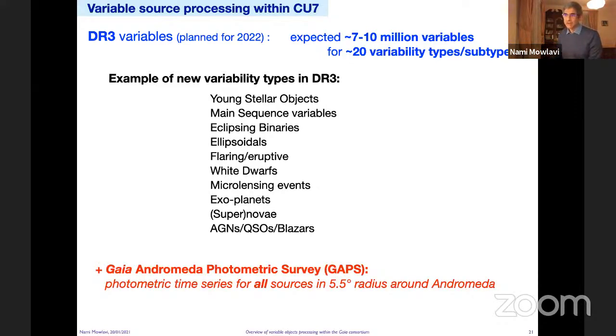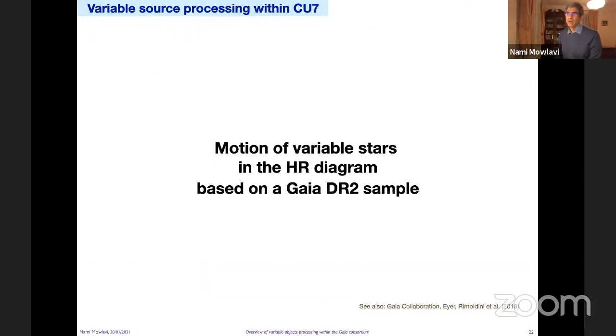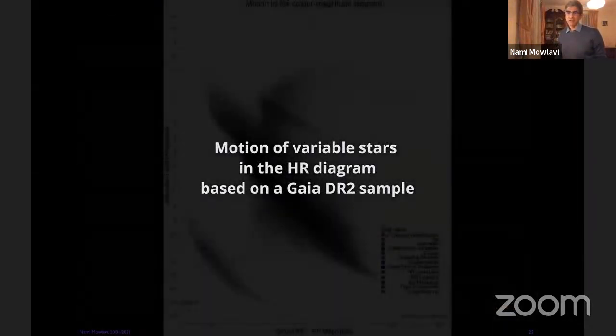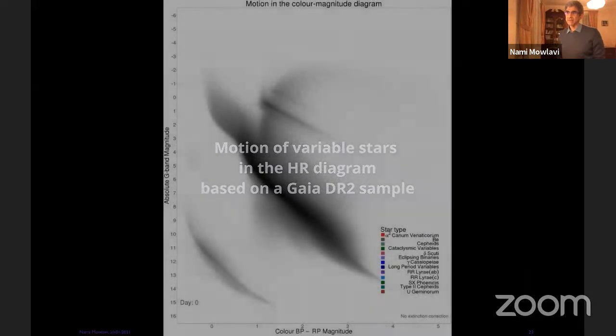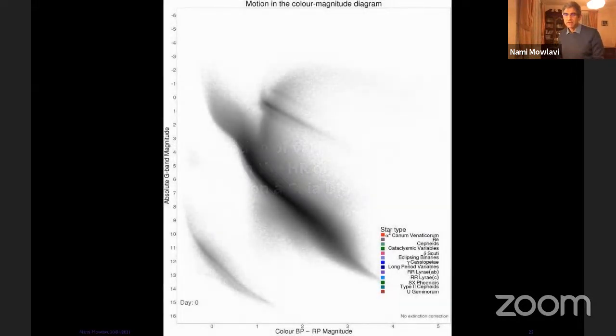One thing to mention as well is that we will have in DR3 the Gaia Andromeda photometric survey, for which all sources, constant and variables, will have their time series published. This is an example of the HR diagram that we get given the simultaneity of the different instruments.